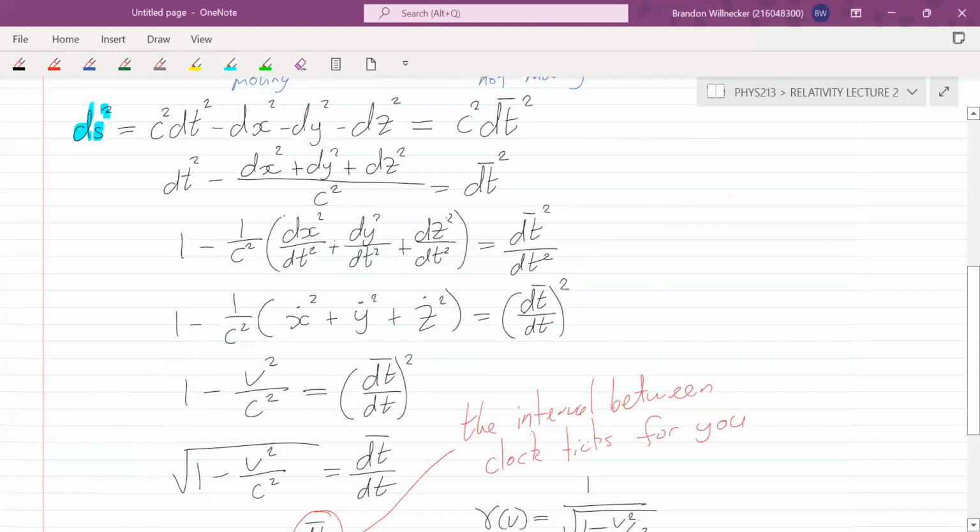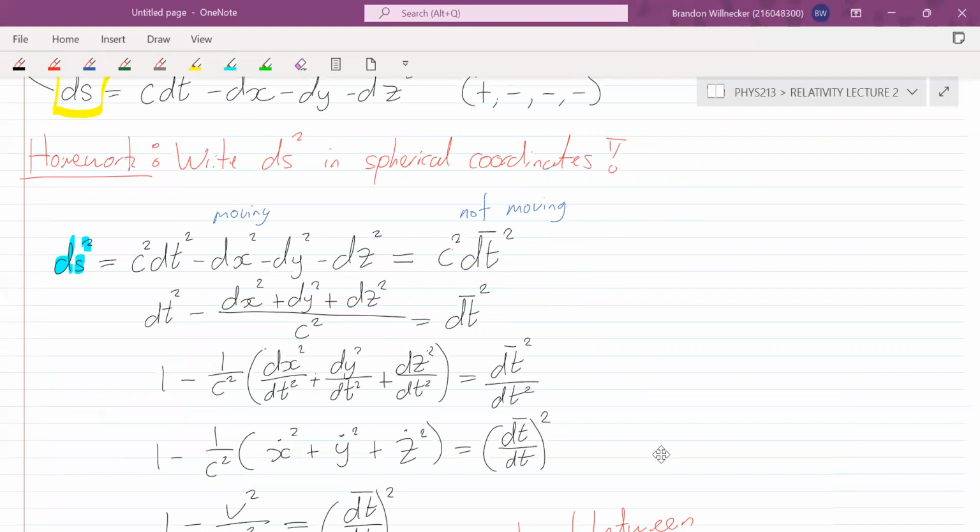We've got me with my coordinate system and how I measure changes in time. You've got your coordinate system and how you measure changes in time. However, they are related by the metric, because if I substitute that into the metric, I'm going to get my version of the metric, and you're going to get your version of the metric. However, the metrics must be the same. If I measure a length through space-time and I get an answer, it better be the same as your answer.